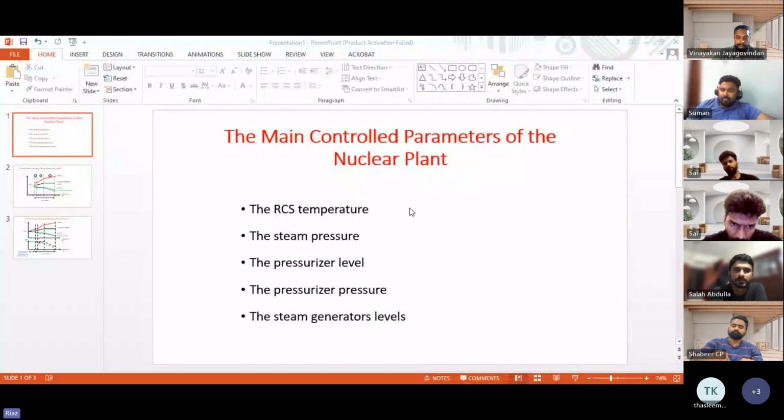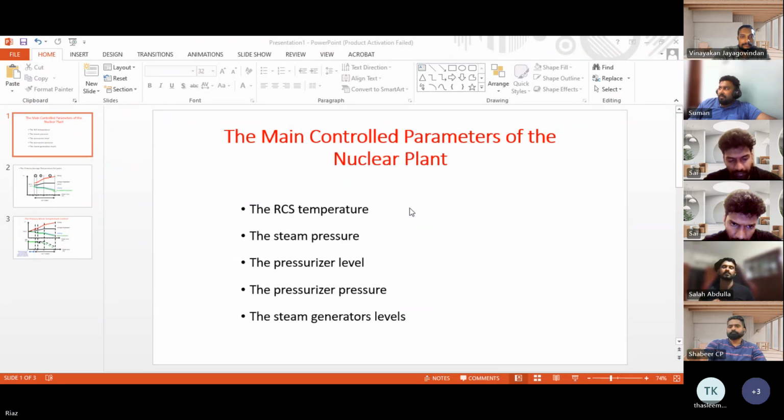So in a bigger picture, in systems, we have to monitor, measure and control. These are the basic things for the operations and safety of a nuclear plant. This should always be maintained.